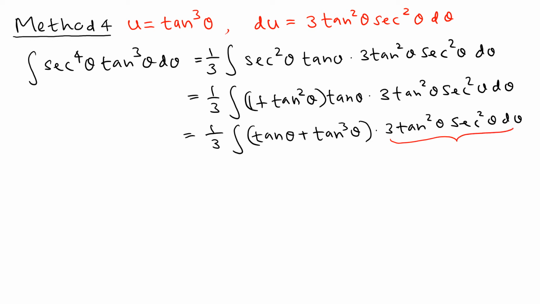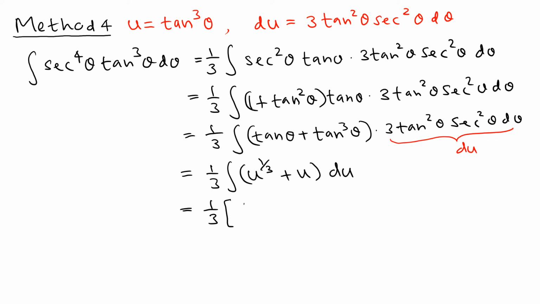So we can substitute now. Wherever you see tan cubed theta, that's going to be u. When you have tan, you can see that that's just the cube root. So that means we can write this one as 1/3 the u cube root here plus u, and the rest of the term simply becomes du. Now you can see that you can integrate this very well.